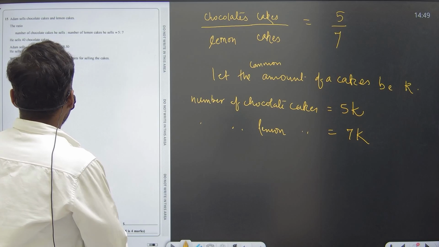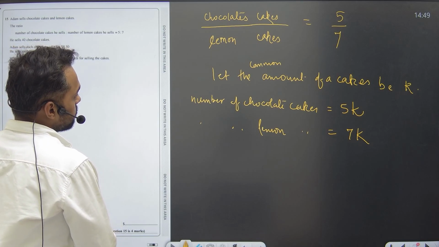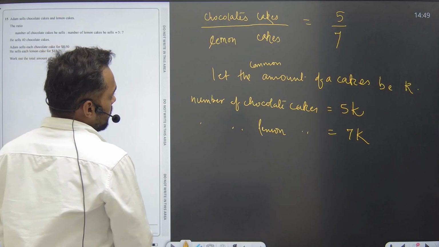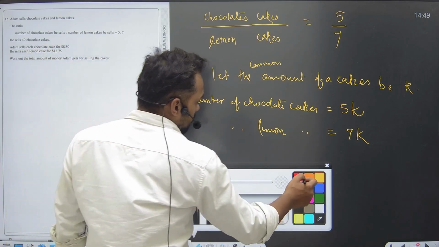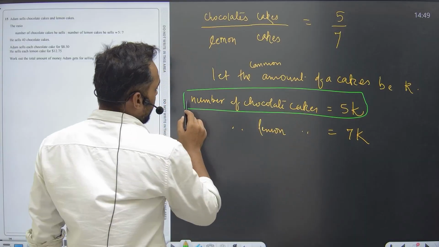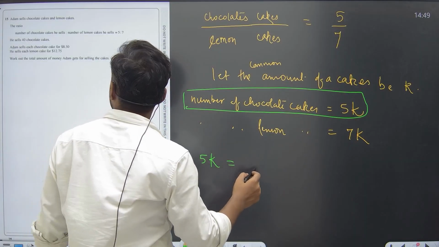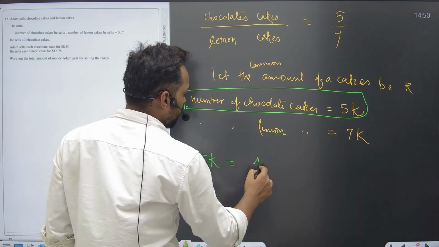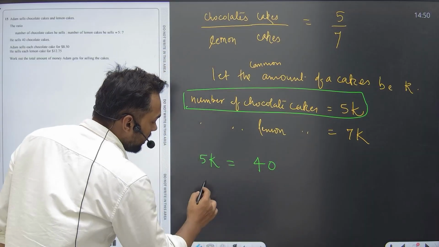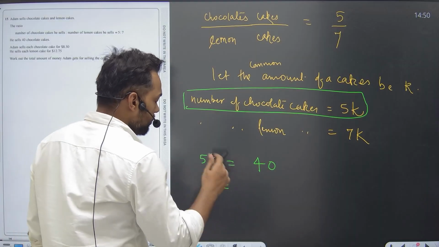In the question, it is mentioned that he sells 40 chocolate cakes. We have figured out that the number of chocolate cakes is 5k, and in the question they have told that he sells 40 chocolate cakes. From here we can calculate the value of k after dividing by 5 within the equation.